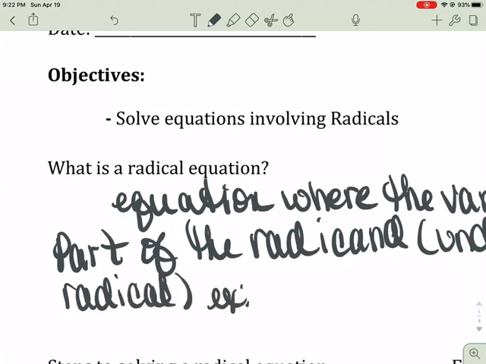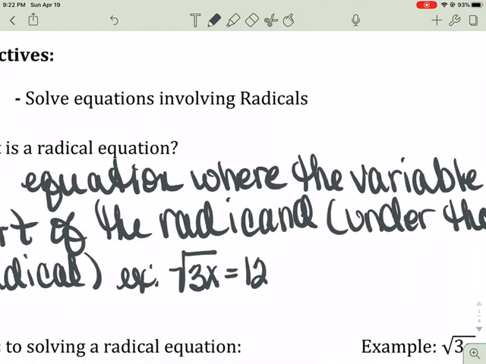For example, the square root of 3x equals 12 would be a radical equation. But the square root of 4 equaling x is not, because x is not underneath the radical.